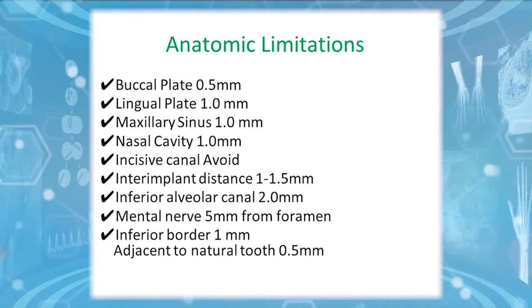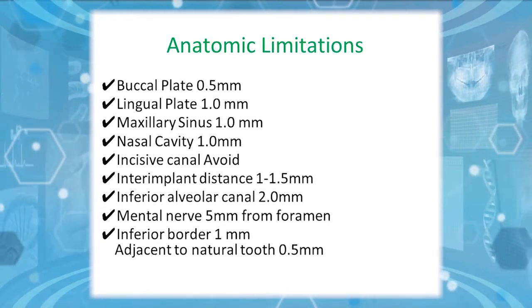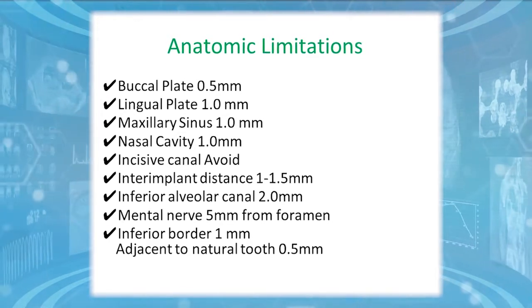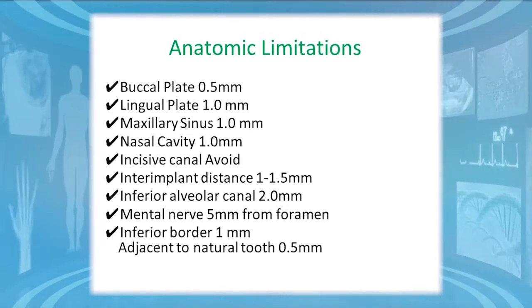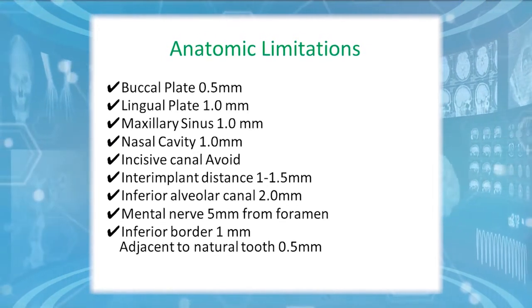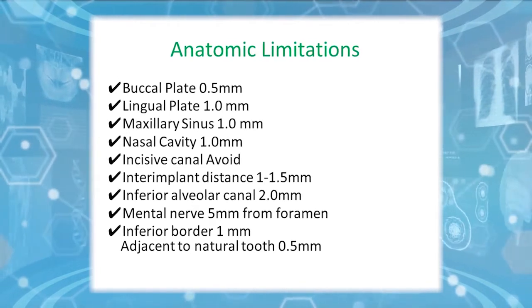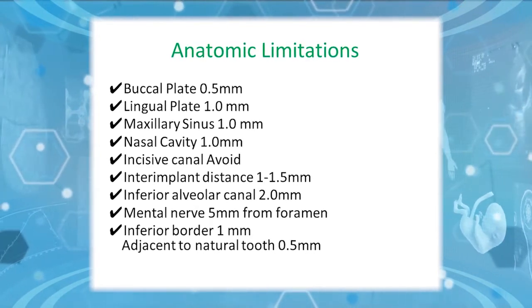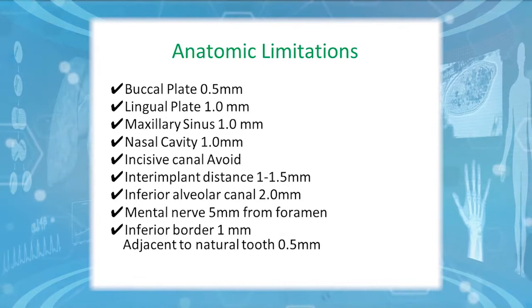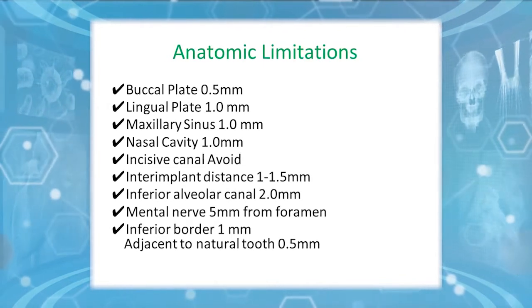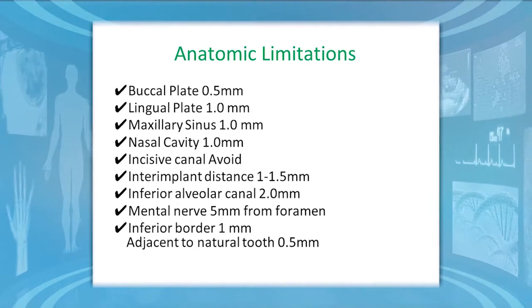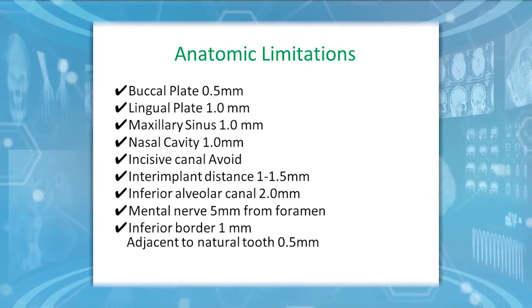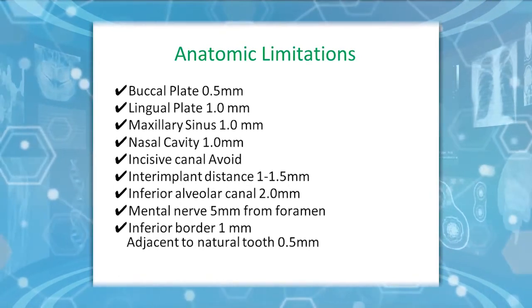Other anatomical limitations: for the buccal plate, you should leave 0.5 mm for the implant placement. Lingual plate, you should leave 1.0 mm. Maxillary sinus, you should leave 1 mm. Nasal cavity, 1.0 mm. Incisive canal, 1 mm. Inter-implant distance should be between 1 to 1.5 mm between adjacent implants.